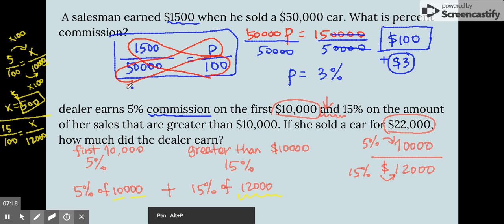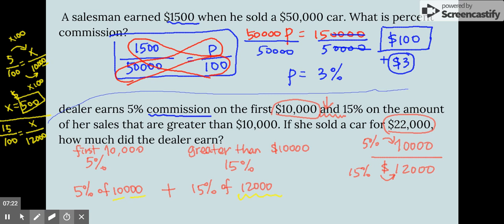I don't have enough space here, so I'm going to move it over here. Okay, so now it's going to be 100x is equal to 15 times 12,000.